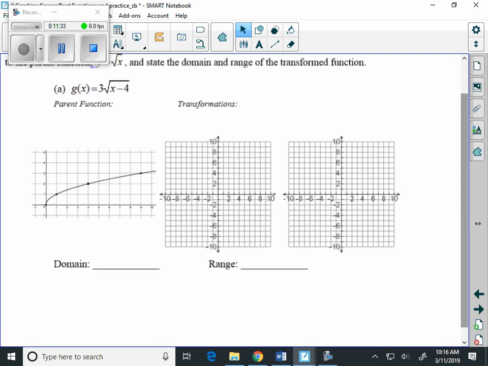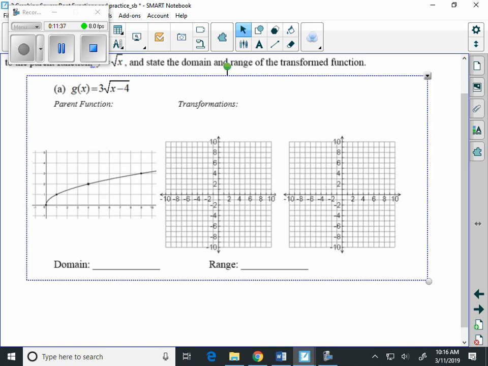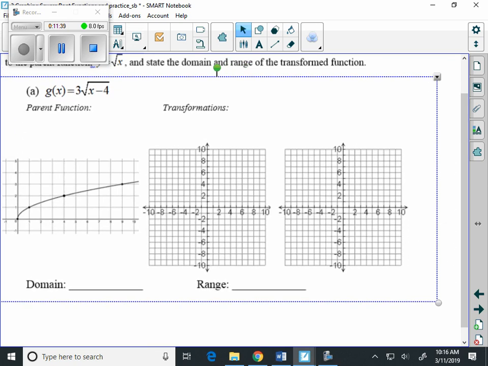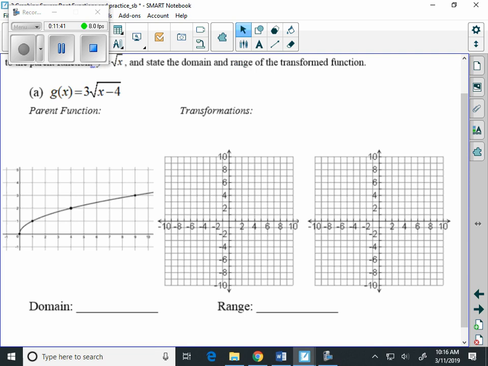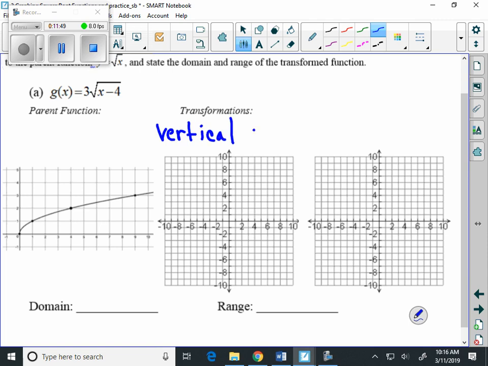So in our first graph here, we've got g of x equals 3 times the square root of x minus 4. And our first transformation is going to be determined by that 3. Please, please, please write the word vertical.